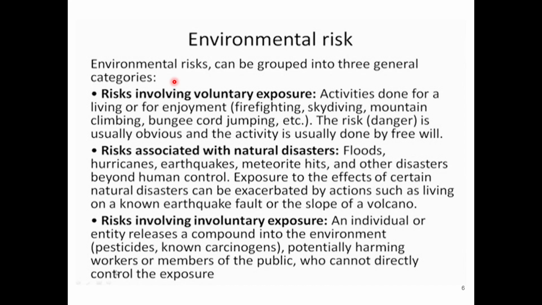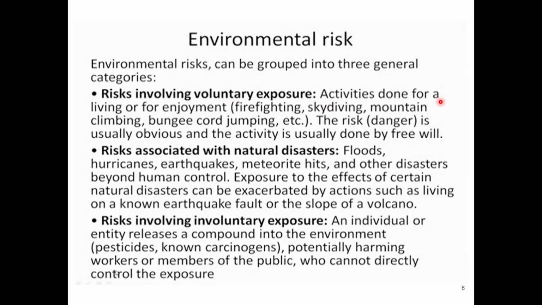So when we talk about environmental risks, they can be classified into three general categories. One is risk involving voluntary exposure, one is risk associated with natural disaster, and one is risk involving involuntary exposure. So what is risk involving voluntary exposure?